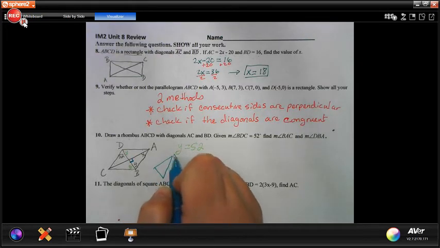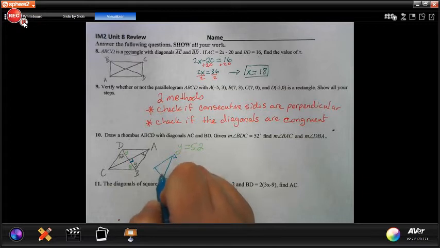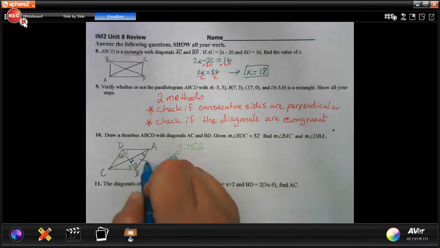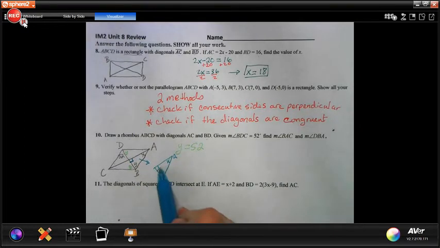This is A, this is B, this is Y, this is X. We have a right angle right here. Basically, it's that triangle. I wanted to look at just the triangle. We know that Y is 52, so I'm going to put 52 right there. So it's no longer Y, it's now 52.